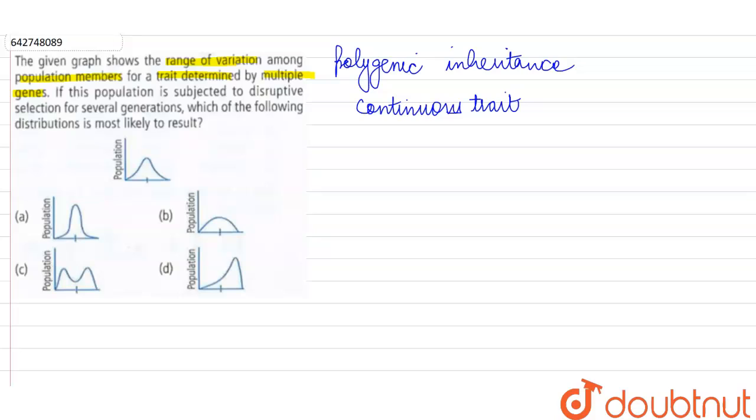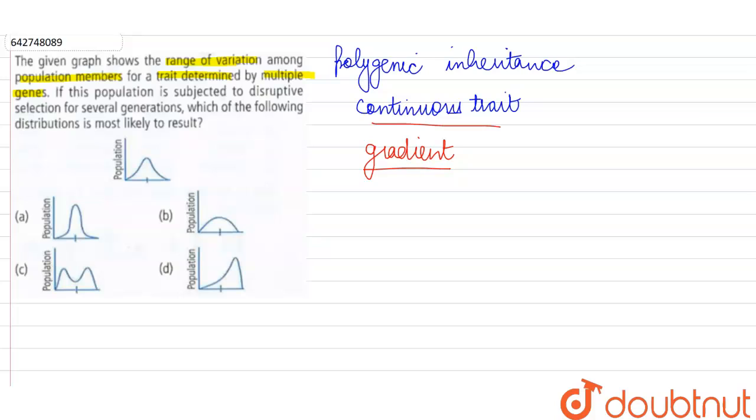Instead, we are going to find it spread over a gradient or a range, such as the human height or the human skin color. It's not as if we have either the very dwarf or the very tall individuals. We have individuals of different heights, so it is a gradient, and we will call it a continuous trait.